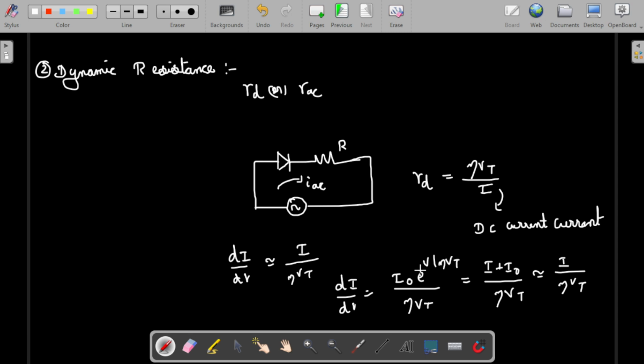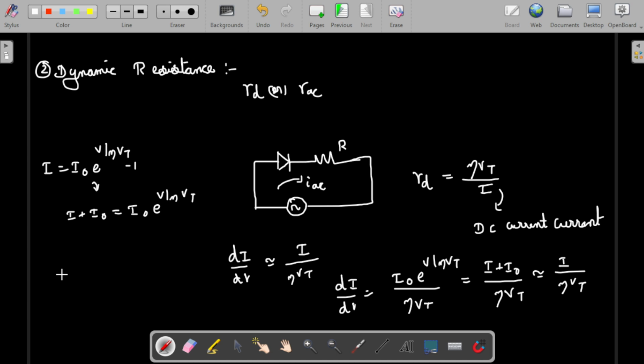So how this approximation came is that we know I is equal to I naught into e power V by eta VT minus 1. Which can be approximately written as I plus I naught equal to I naught e power V by eta VT. So that's what.